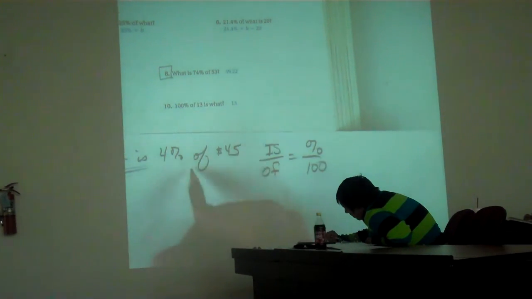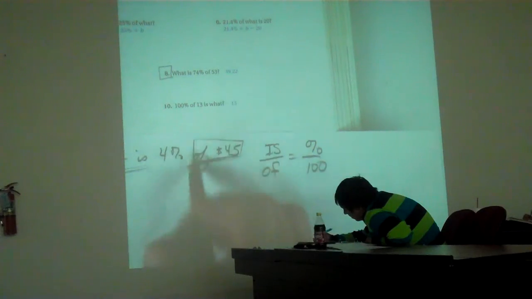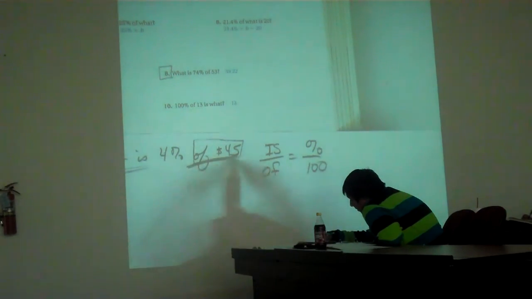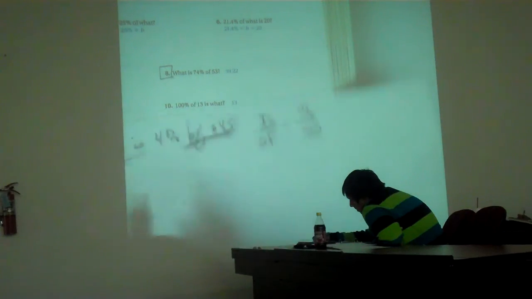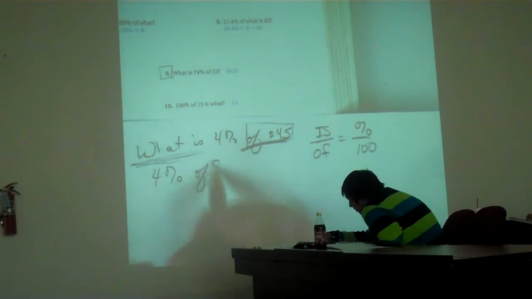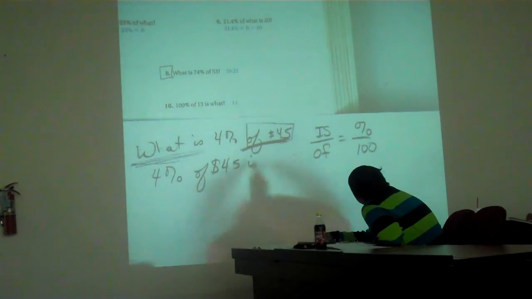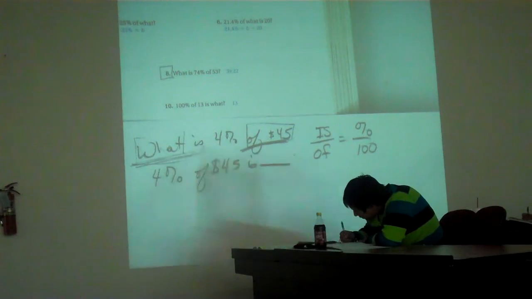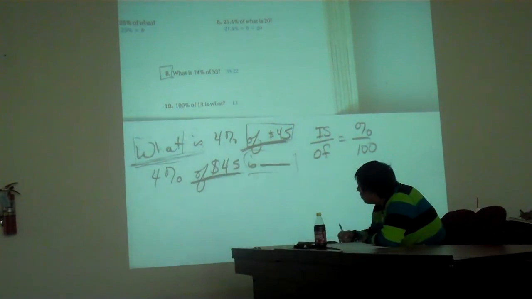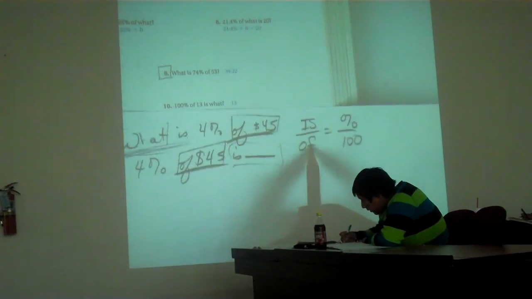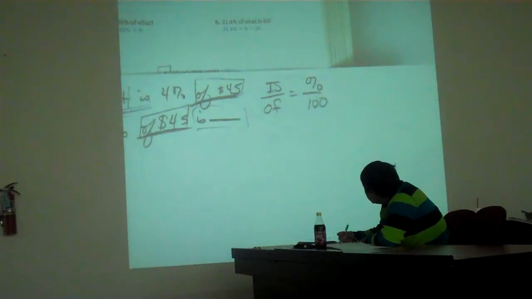Of is always following the of. It's pretty simple. This could also be written 4% of $45 is what? See, that's why the is might be in front of or following the is. Of is always following of. Okay, we're going to put the 45 where the of is. We're going to put 45 on the bottom.